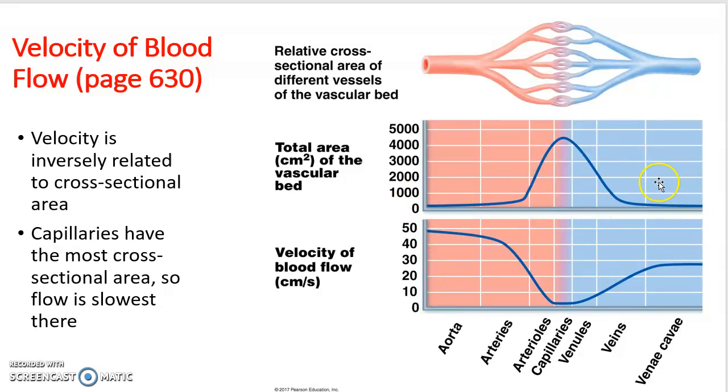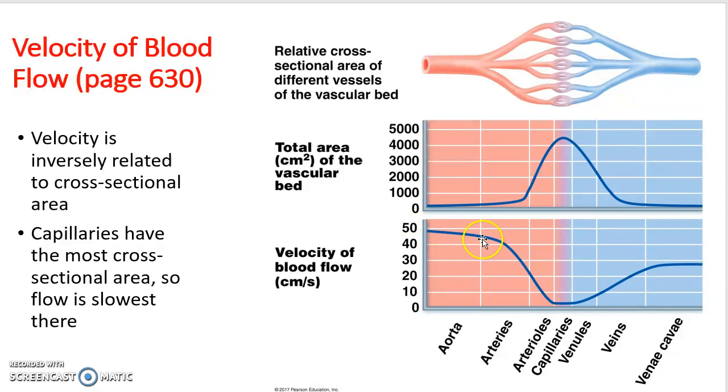So how you would interpret this is that if you were to add up all the cross-sectional area of the capillaries, you would see that we have way more area of capillaries than these bigger vessels.